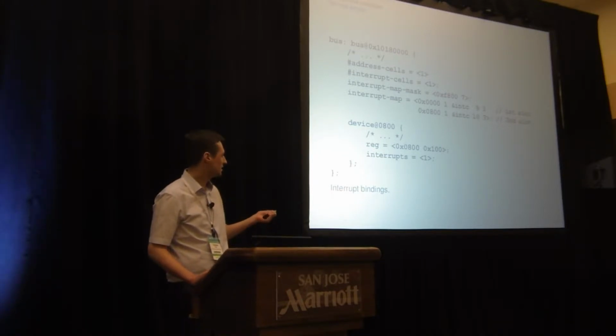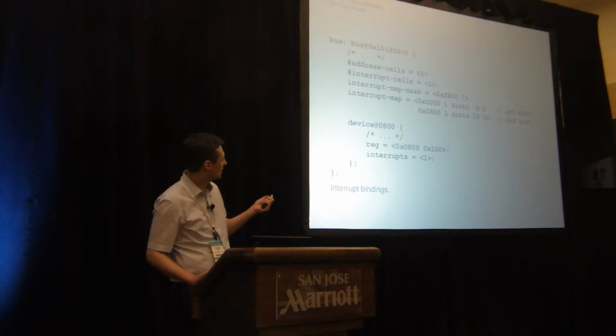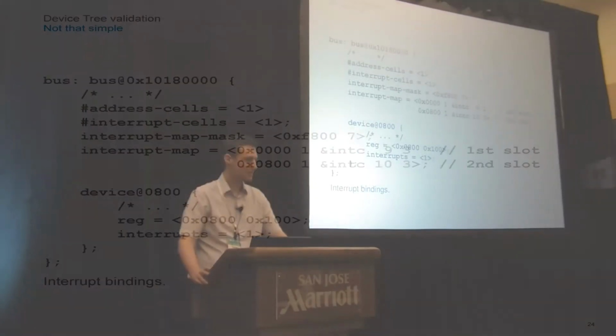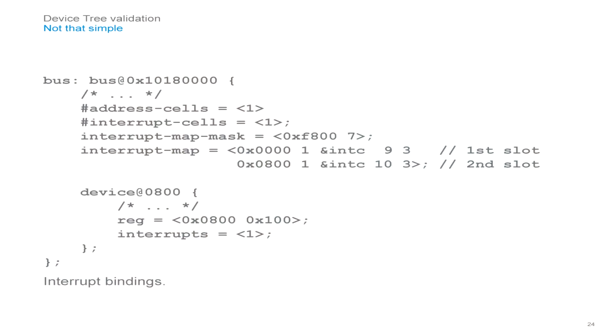And here we have an interrupt specifier for the device that is basically an index into the interrupt-map property together with address-cells entries of the reg property. It is quite complex because to parse the interrupts property in each device node, you need to parse first address-cells, interrupt-map-mask, and interrupt-map properties of the bus node.